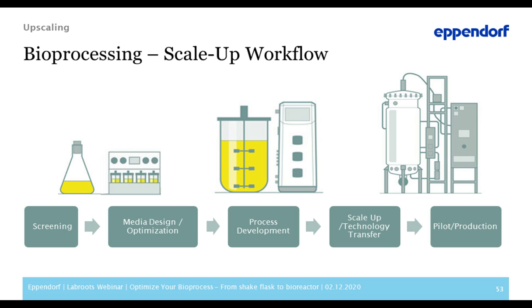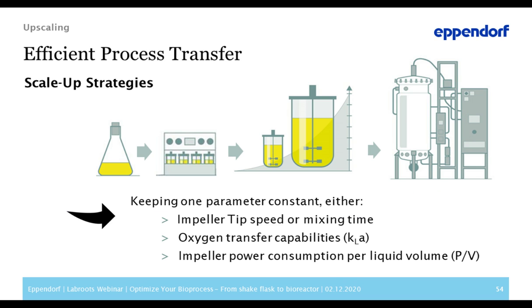So the working volume in such a scale-up workflow can range from 250 ml when you start from a bioreactor, or below 1 milliliter if you start with deep well plates, for instance, up to 2,000 liter working volume in production scale. And that is challenging.